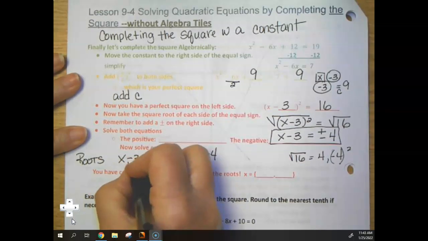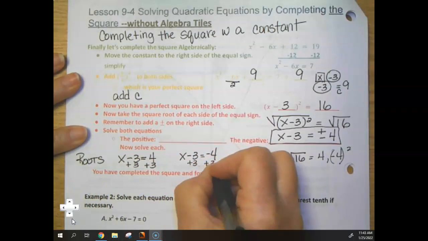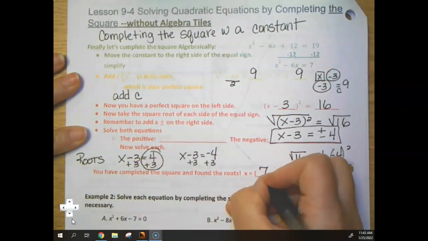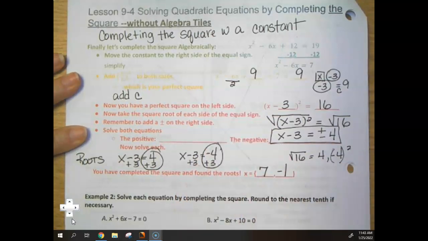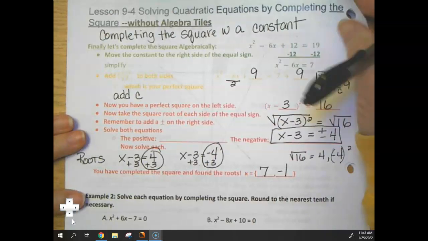So add 3, add 3. Here, 4 plus 3 gives me 7. Here, negative 4 plus 3 gives me a negative 1. And those are my solutions. Okay? Didn't have a lot of good room here to show you that any better, but let's just keep going.